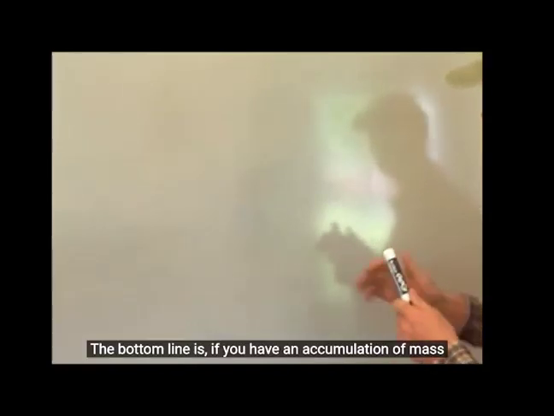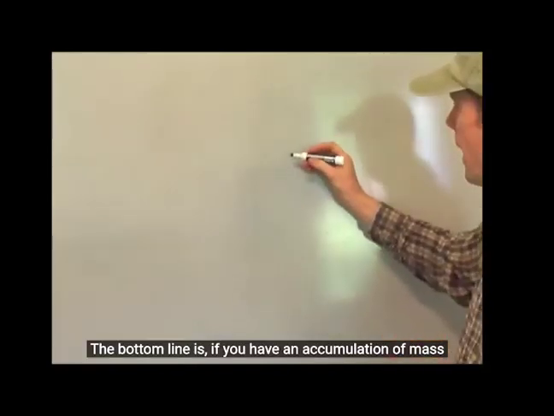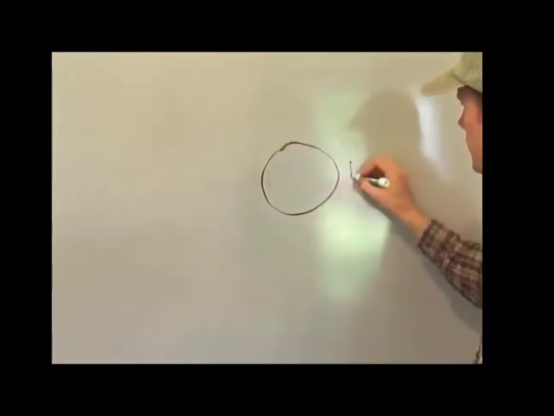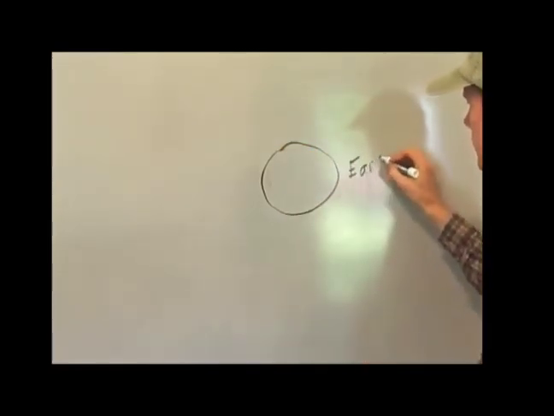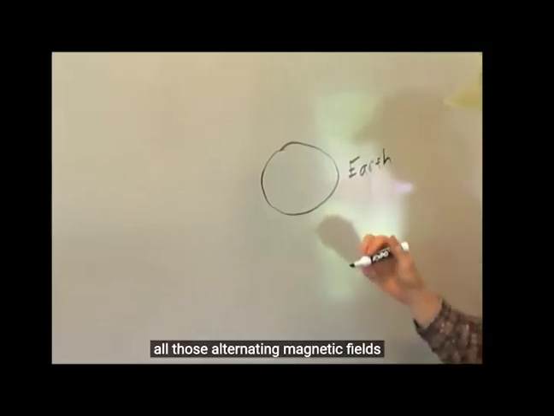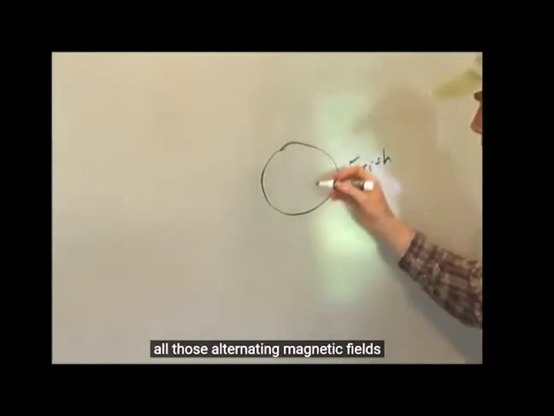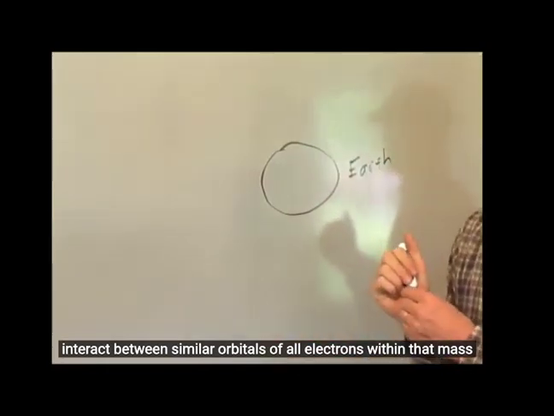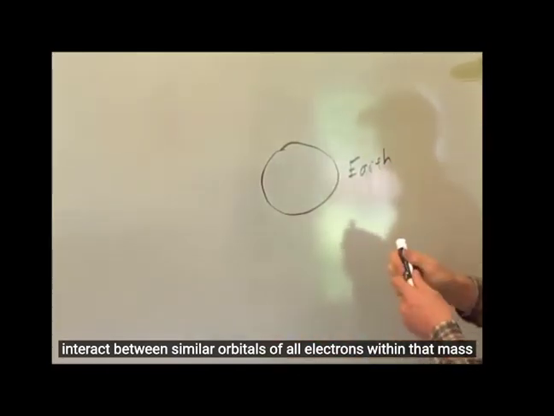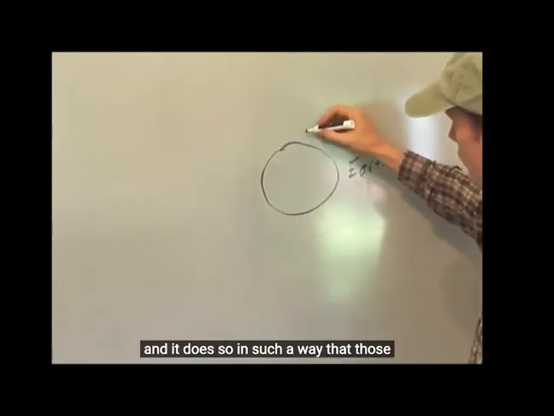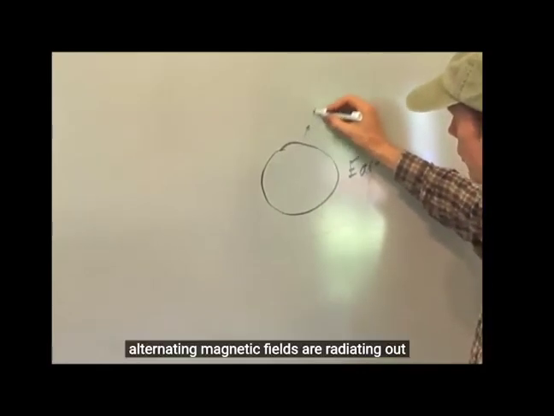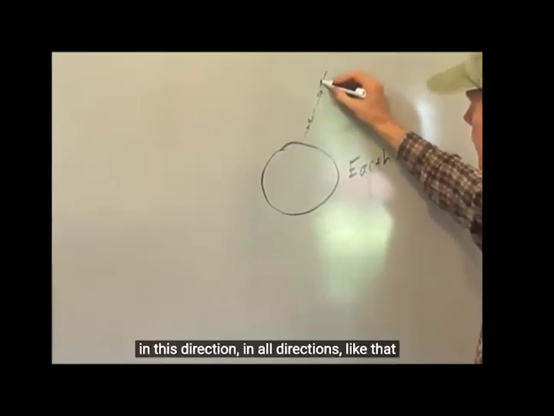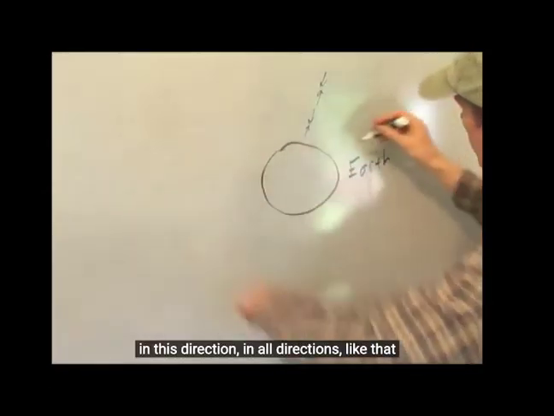The bottom line is, if you have an accumulation of mass, like in the Earth, all those alternating magnetic fields interact between similar orbitals of all the electrons within that mass, and it does so in such a way that those alternating magnetic fields are radiating out in all directions, like that.